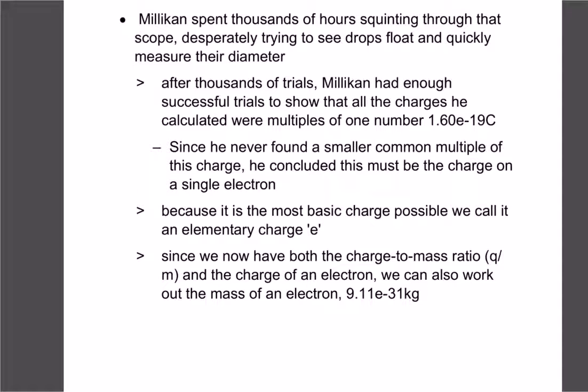From there, all he had to do was use that Q formula to figure out the charge on the oil droplet: the mass he measured, times gravity, times the distance between the plates, divided by voltage, would give him Q. One interesting thing was that every time he did this experiment, depending on the size of the oil droplet and the voltage, he found that the charge was always some multiple of 1.6 times 10 to the negative 19. The smallest oil droplet and smallest voltage gave 1.6 to the negative 19.